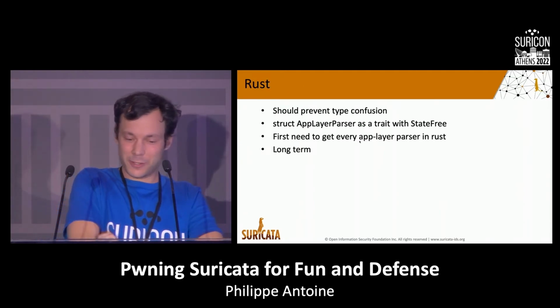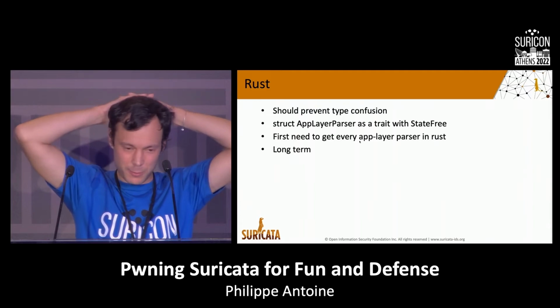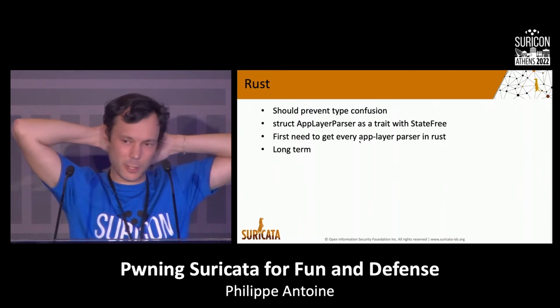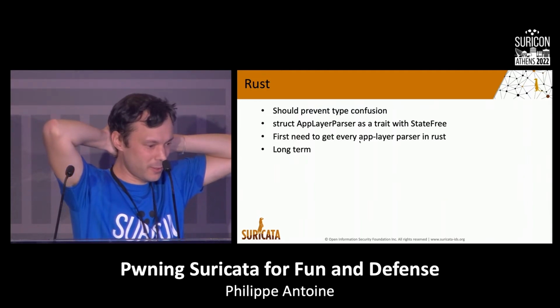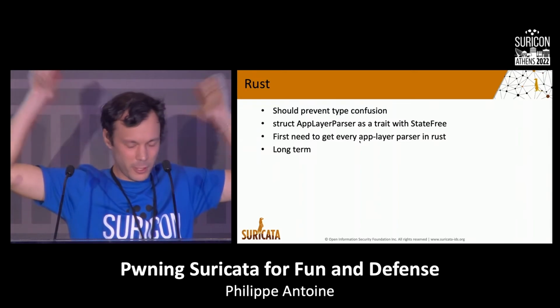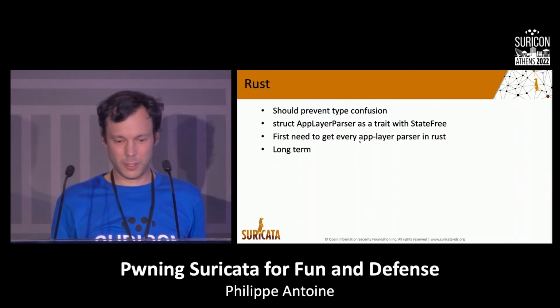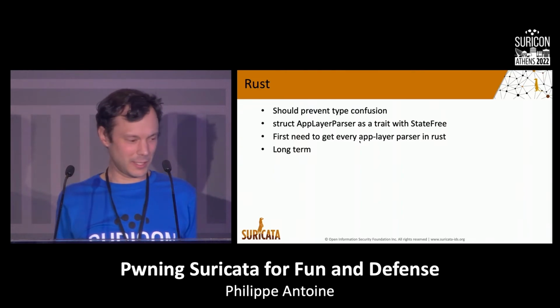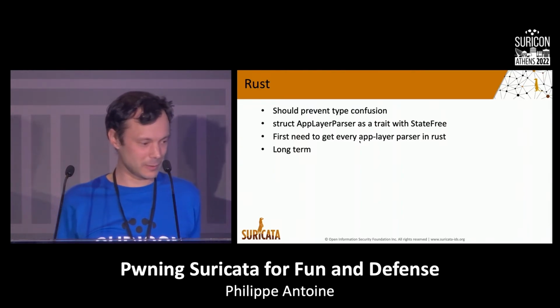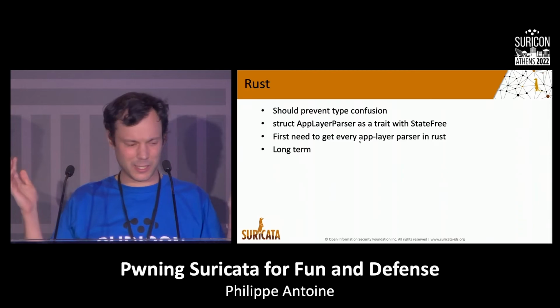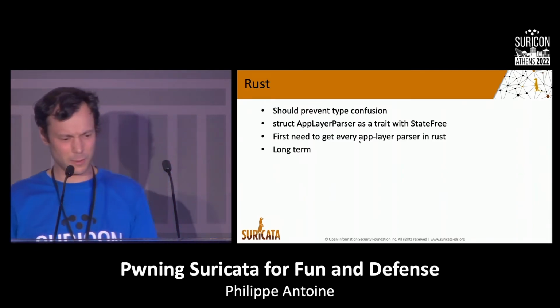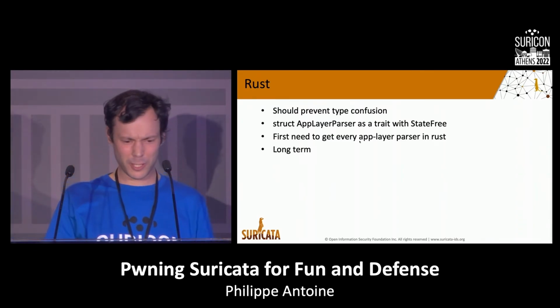We have Rust, so if Suricata was 100% Rust, this vulnerability would not have happened. We will not have type confusion, but before getting to that part of the code, I guess we need to have at least 50% of Rust in Suricata, so that's a long-term goal.